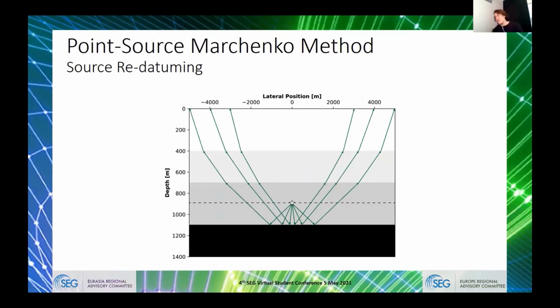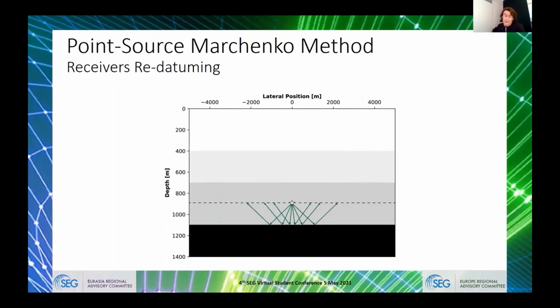Now we can apply a second step, and obviously the second step is actually going to redatum the whole wave field. So you see now in the second step, we no longer measure the wave field at the surface, we measure the wave field at the focal depth. And what this effectively has done is you have removed the whole overburden effect from this reflection.